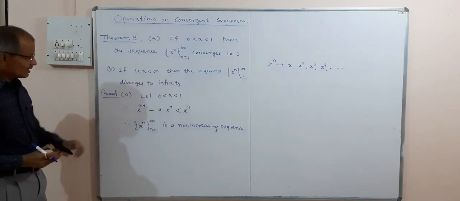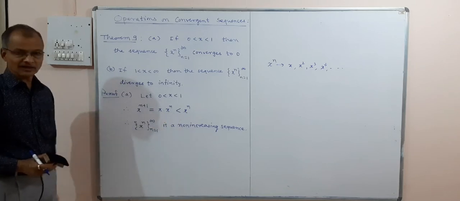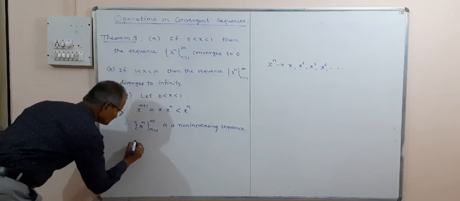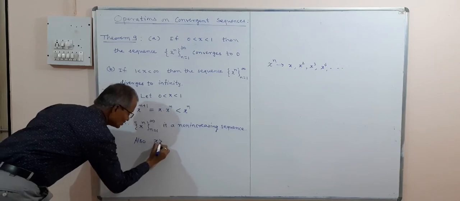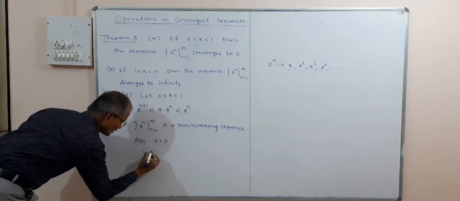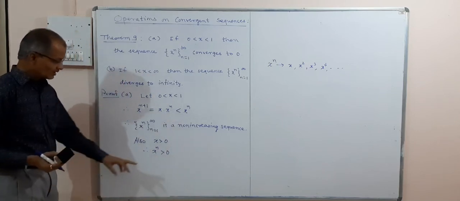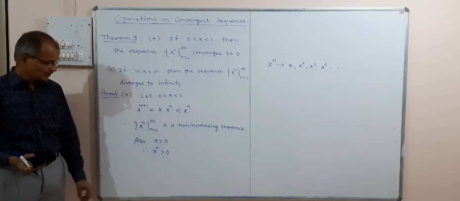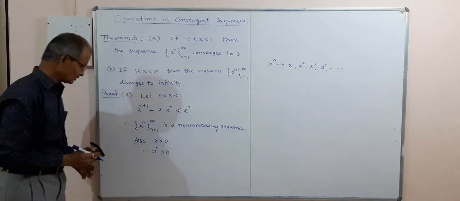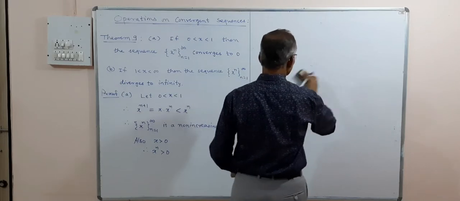Further, we see x is greater than 0. Therefore, x raised to n is greater than 0. And that means each term of the sequence is greater than 0, and therefore the limit is also greater than or equal to 0.